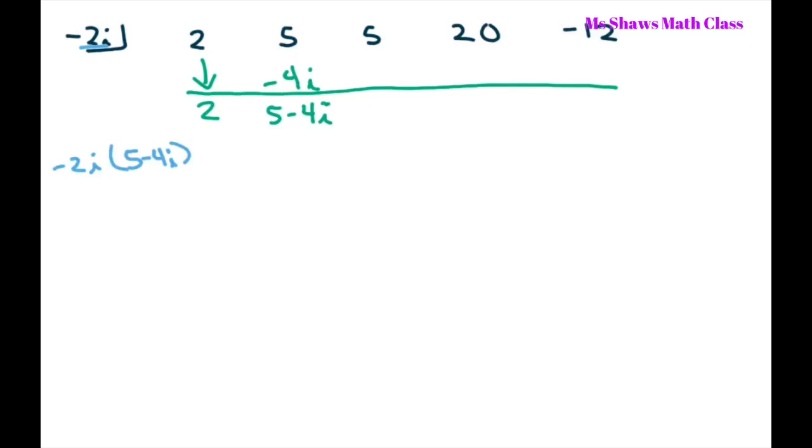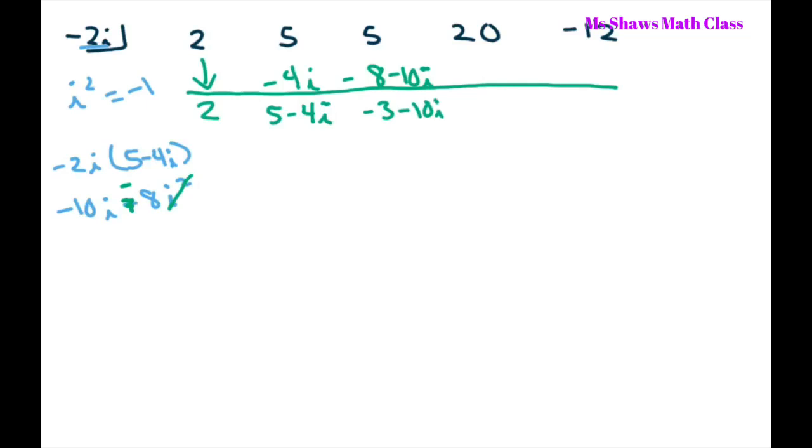And when you do that, you're going to get negative 10i plus 8i squared. i squared equals negative 1, so change that to negative 1. So really what we have is negative 8 minus 10i.